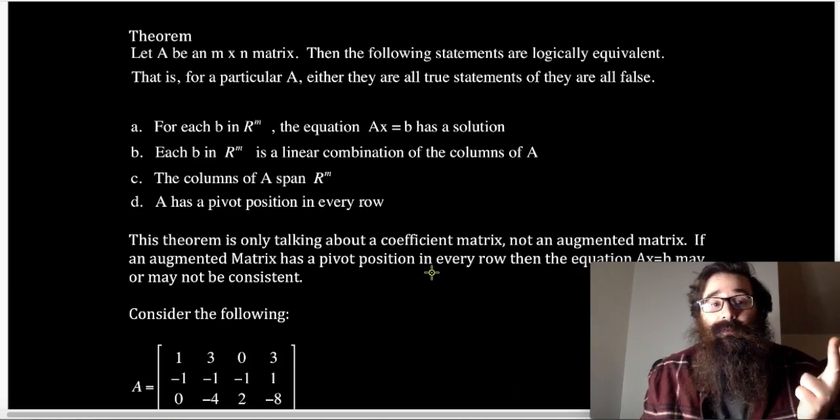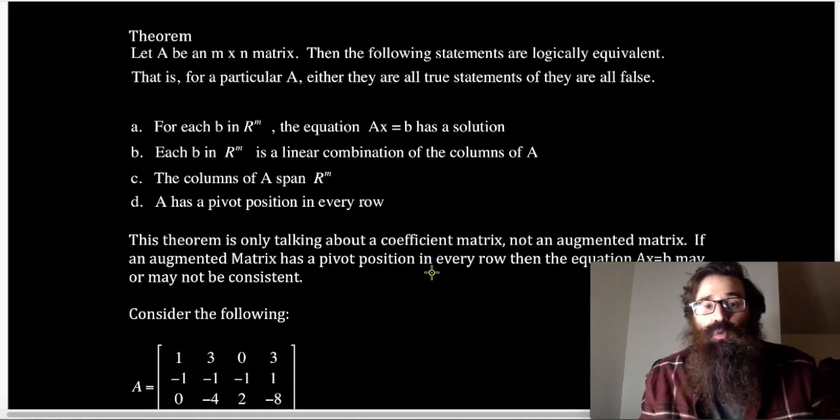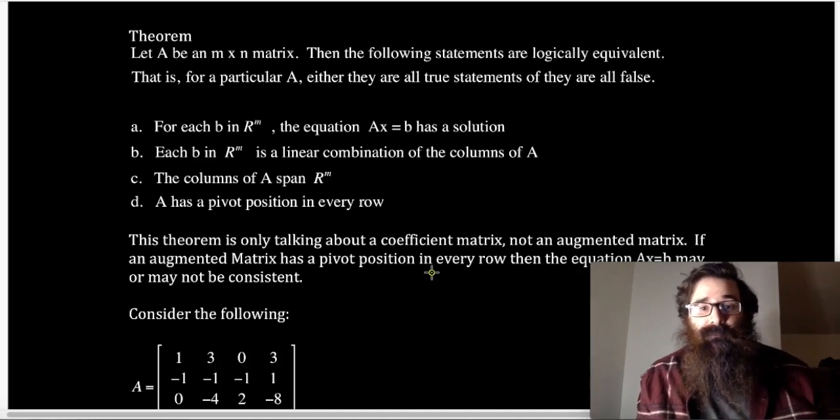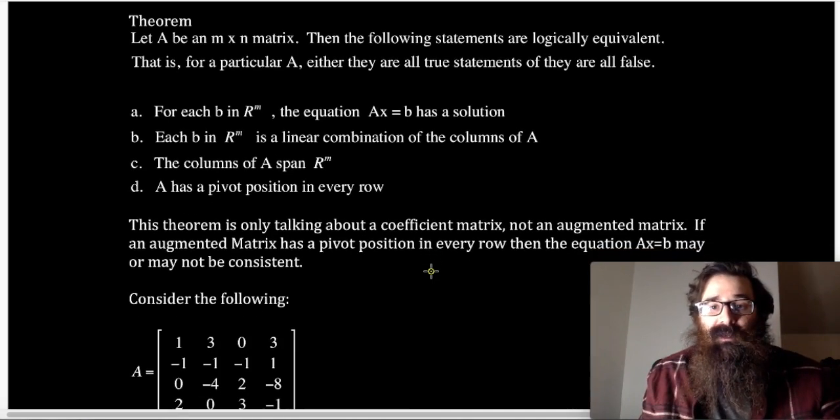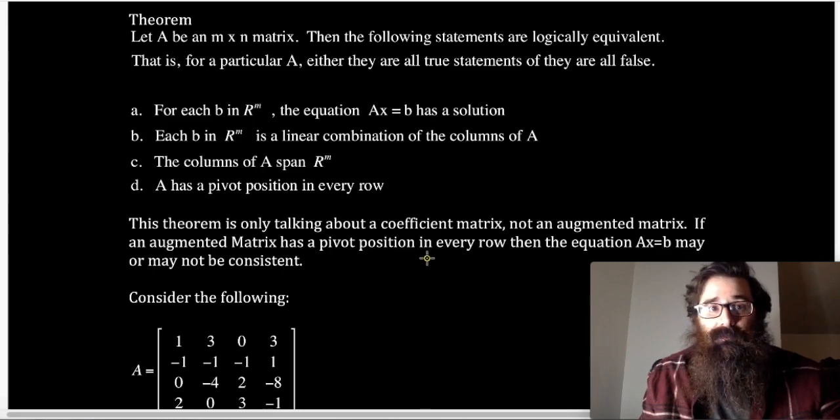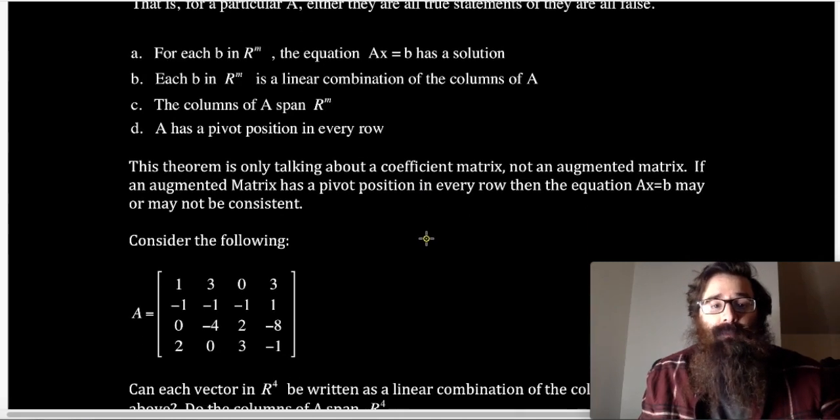And the fourth says A has a pivot position in every row. And as we said, this theorem is only talking about a coefficient matrix, not an augmented matrix. If an augmented matrix has a pivot position in every row, then the equation Ax equals b may or may not be consistent.